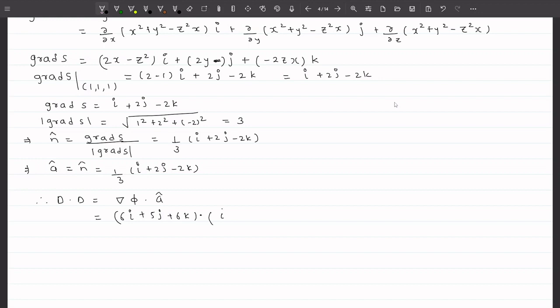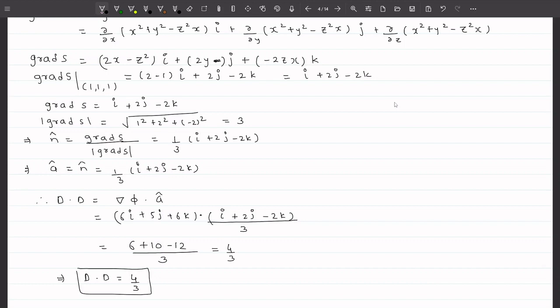So it is (i + 2j − 2k) divided by 3. So it is 6 into 1, 6, plus 10 and minus 12, divided by 3. So 16 minus 12 is 4 by 3. So this implies the directional derivative is 4 by 3 for this given problem. I hope you understood. Thank you.